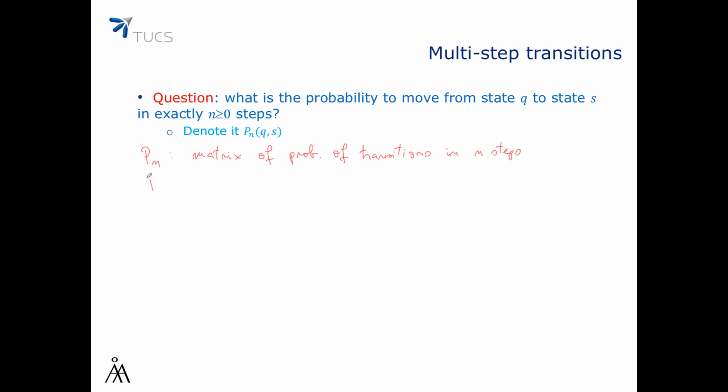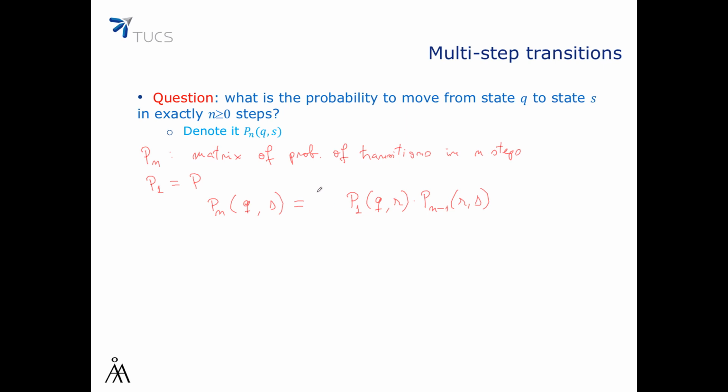And obviously in one step we already have P1, which is exactly P. As we discussed, the probability of going in exactly n steps from some state q to some state s is going to be something like this: first I need to go in one step from q to some state r, and then in n-1 steps from r to s.